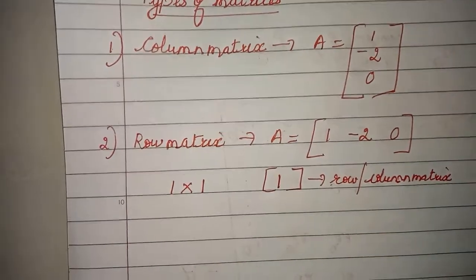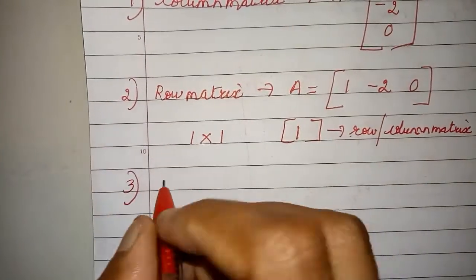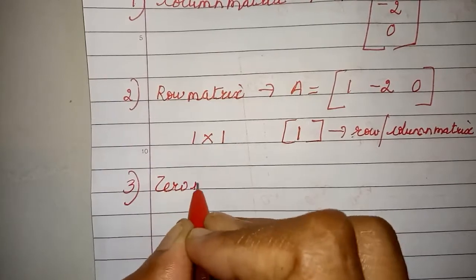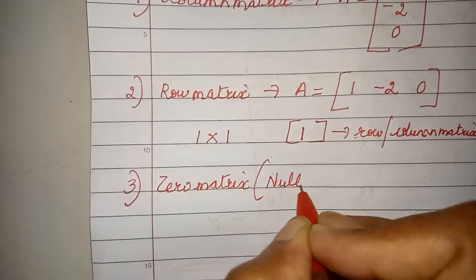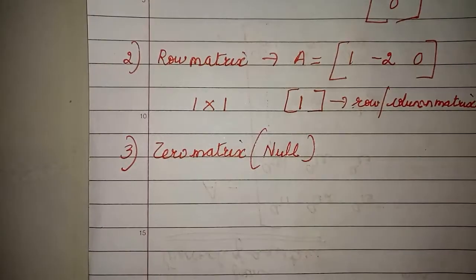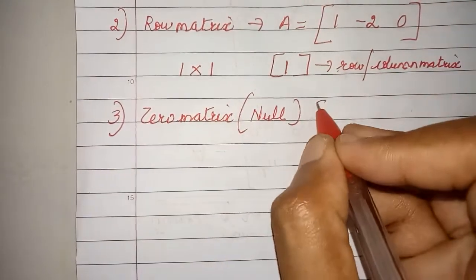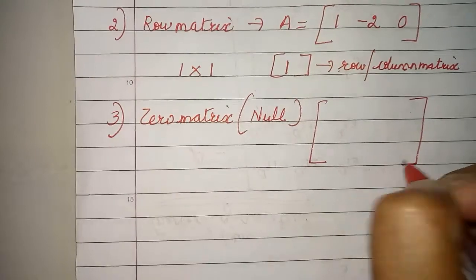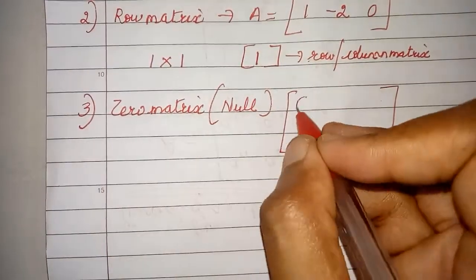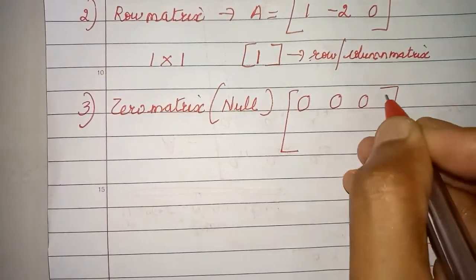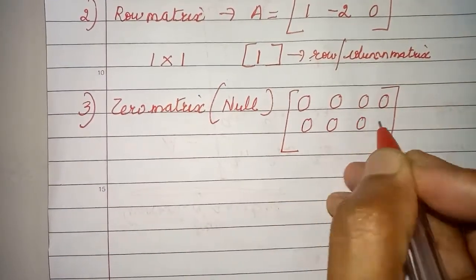That can happen. Yes. The third one we are going to study is the zero matrix, which is also called the null matrix. You can guess, right? How will it be a zero matrix? Zero matrix means, children, suppose I have a 2 cross 4 matrix, all the entries will be 0.